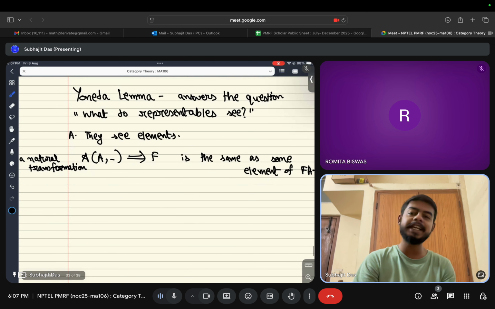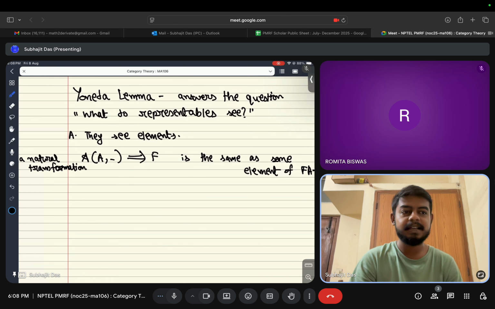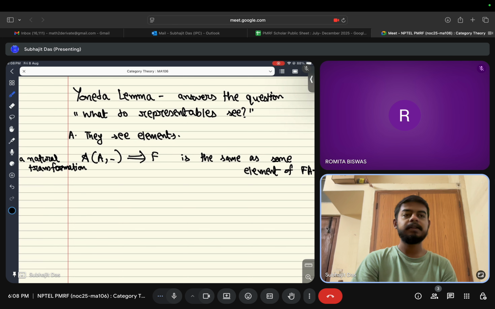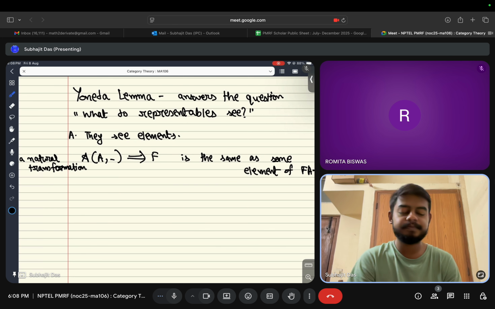So the Yoneda lemma is basically a concrete proof of the fact that the philosophy of category theory is enough to do mathematics, in the sense that it's an alternate way of doing mathematics without having any internal look on objects.